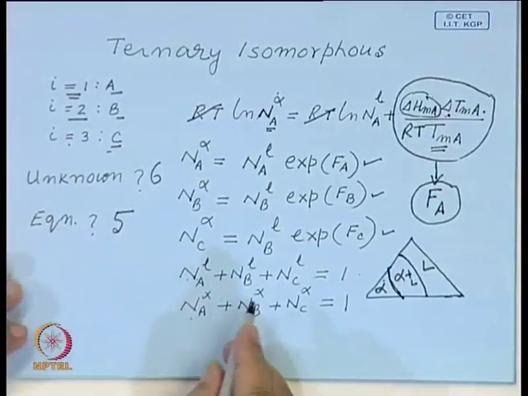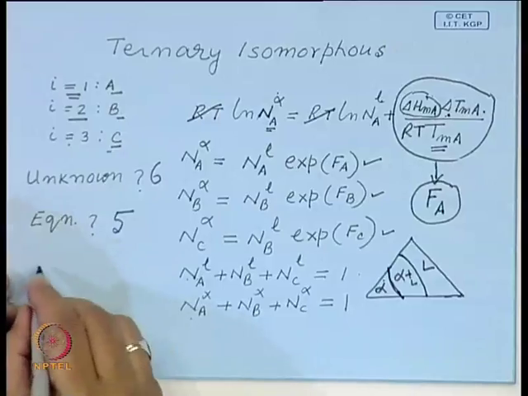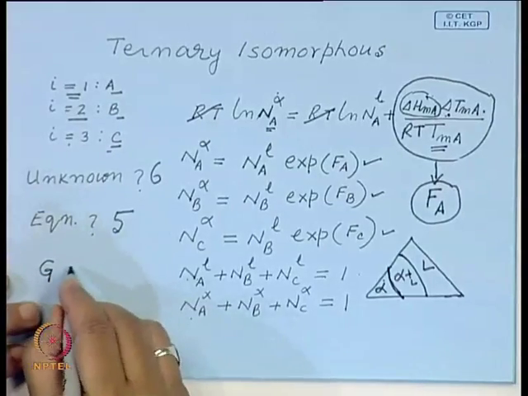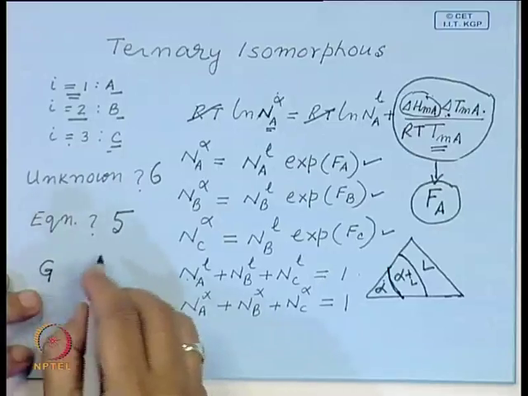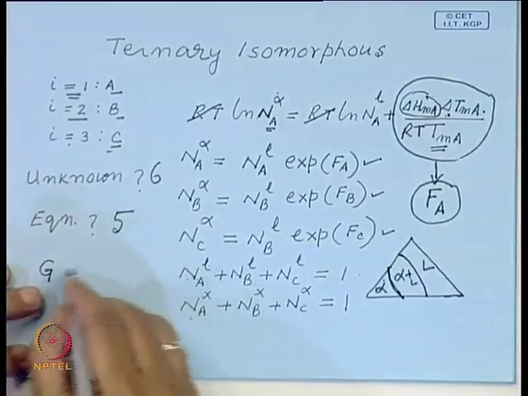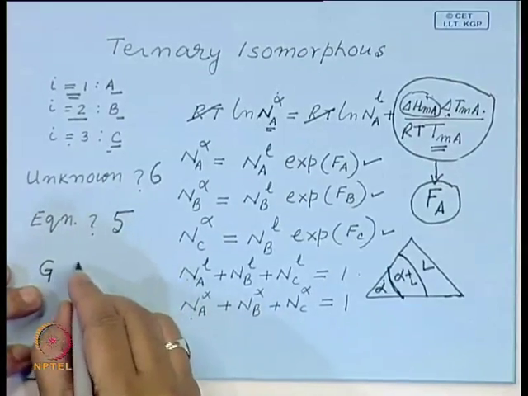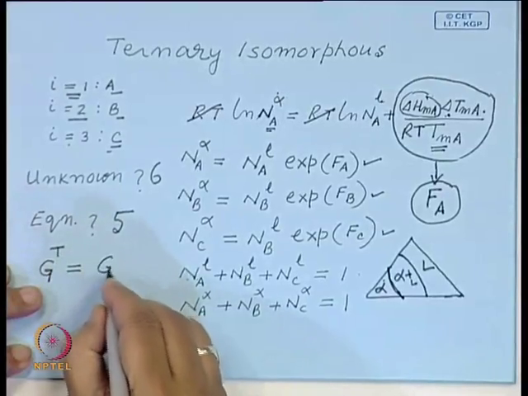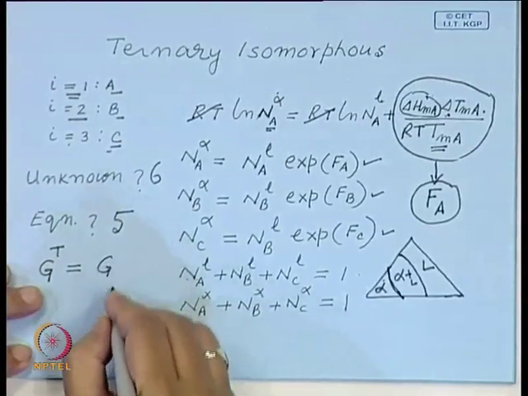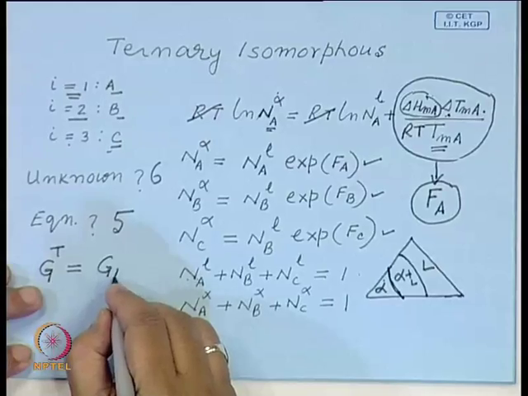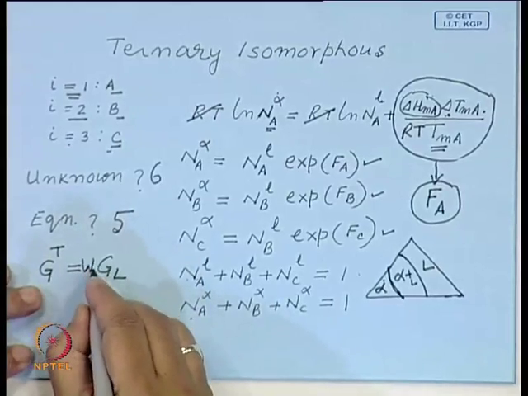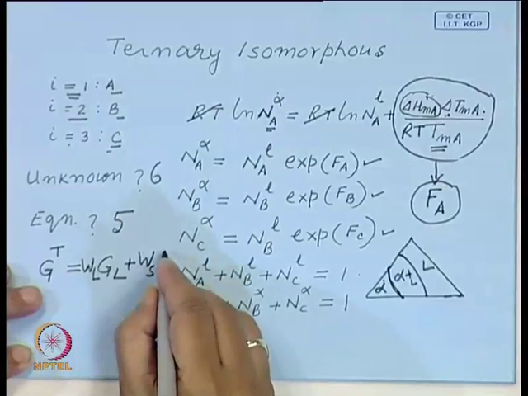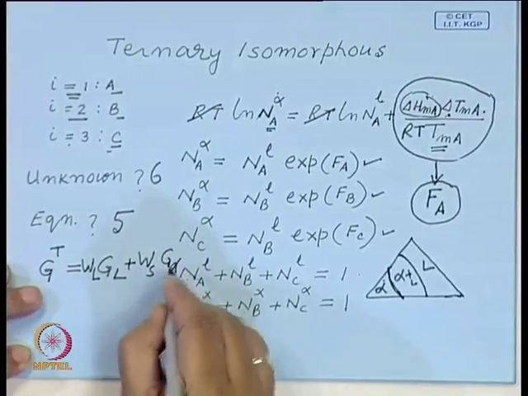The best way is to construct the free energy, which will be a mixture of the weight fraction of liquid times the free energy of the liquid, plus the weight fraction of solid times the free energy of alpha.